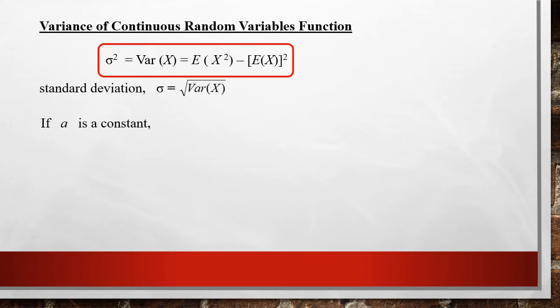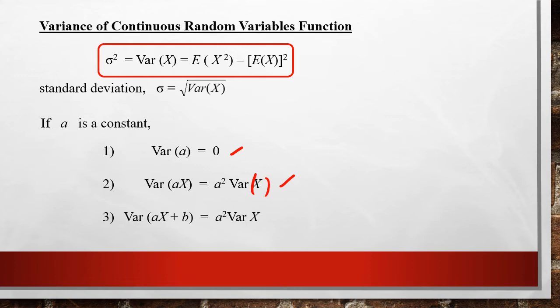If a is a constant, these are the properties of variance: the variance of a constant a is equal to 0. This is the same as the discrete random variable. And then the variance of ax will be a squared multiplied by the variance of x, which is the same property as for the discrete random variable. So we just have to use these two properties.